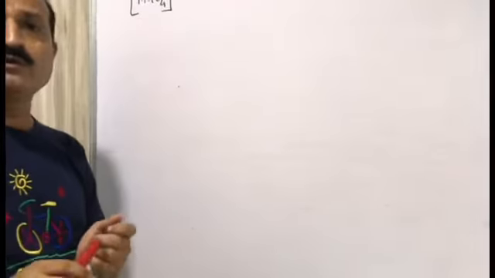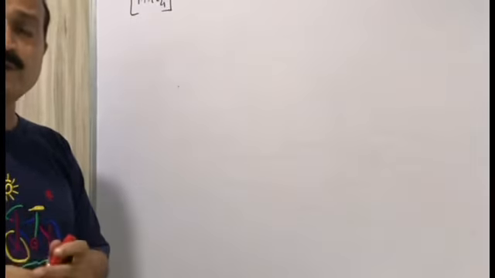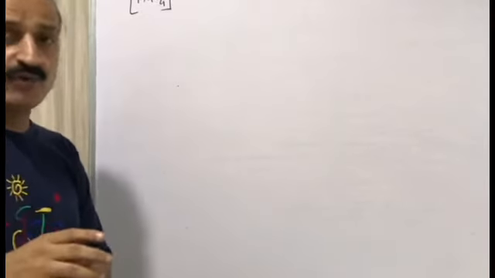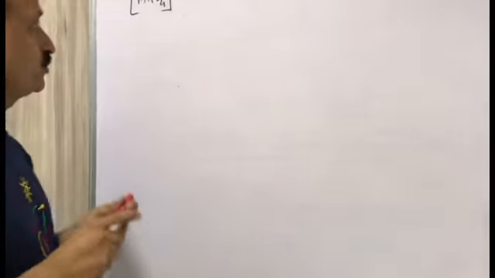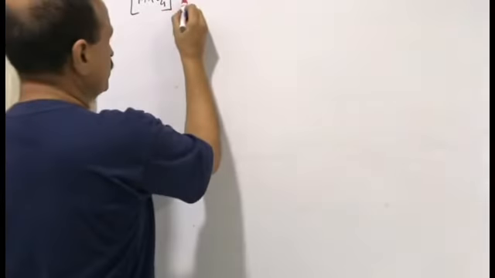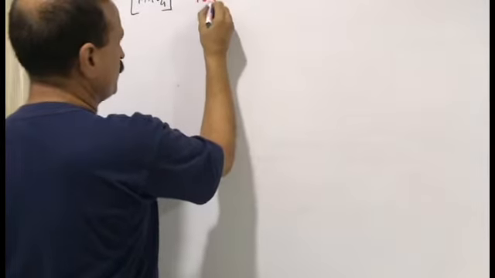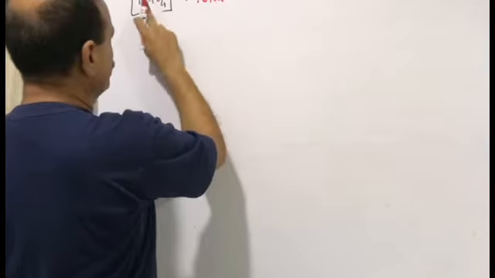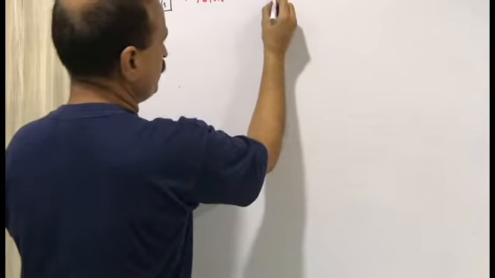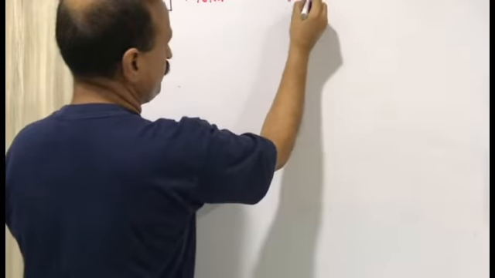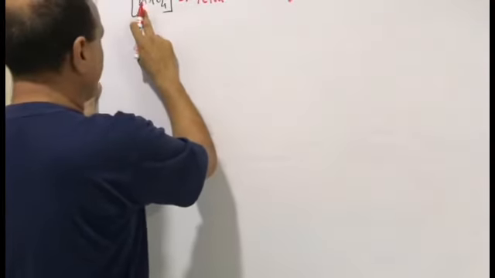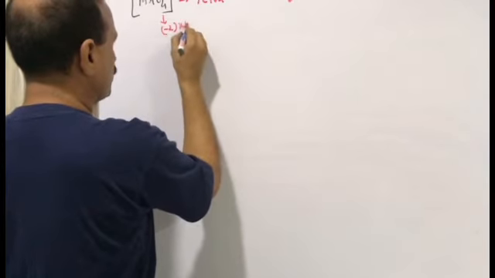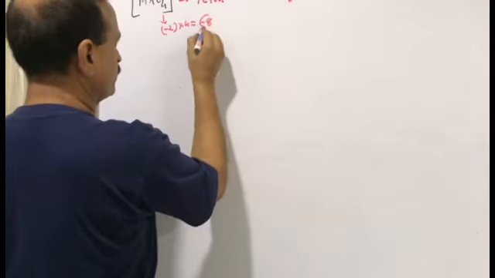First we will give the nomenclature of this one. This has 4 ligands. Again repeating, 4 ligands. So the name of this one will be tetraoxo. Negative ion, so it is manganate. Oxidation state of manganese: oxygen is minus 2 into 4, total minus 8.